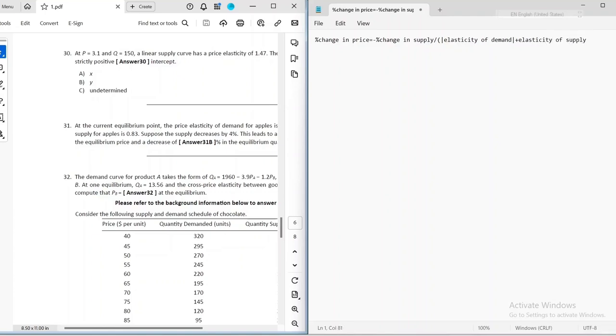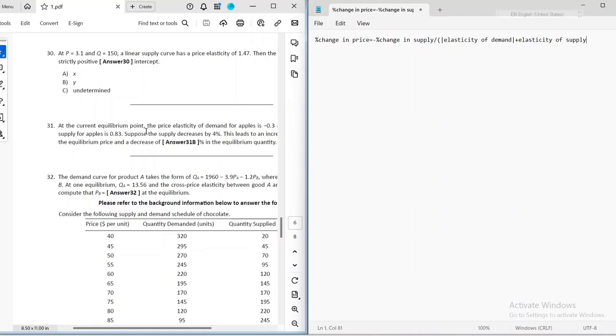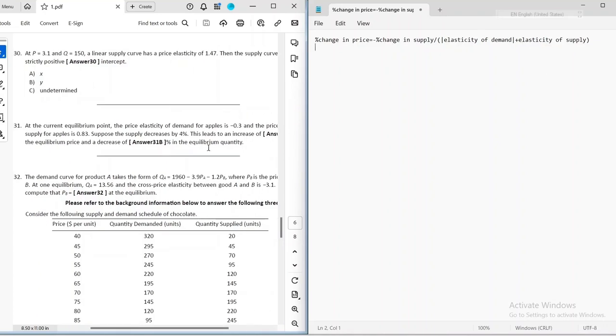So there are two formulas in the previous video, so I'm using the elasticity formula because in the question we are given values in elasticity. Okay, so now you can see the change in supply curve is negative 4%. So this becomes positive, negative, negative, positive, and the elasticity of demand is given, the elasticity of supply is also given.